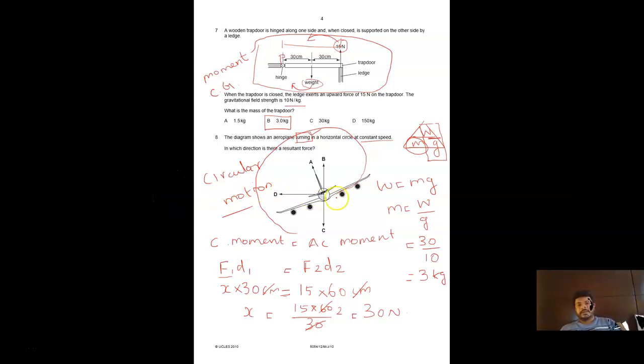If you draw a circle, you will know this one acts towards the center of the circle. So the answer is D. If it is tilted in the opposite direction, the answer will be in the opposite direction. So the answer for question number 8 is D.